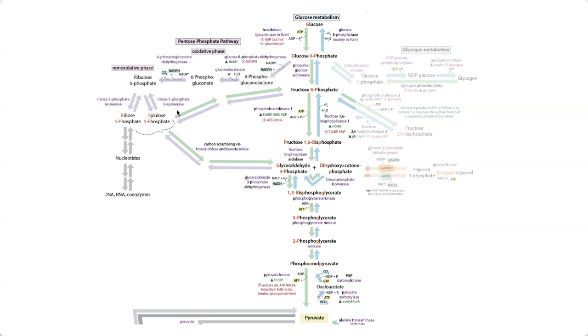That would let you keep making NADPH, but you wouldn't be making ribose, your nucleotides, because you're using that ribose to regenerate glucose 6-phosphate that you can then take back through the pathway. But if you really need NADPH, then you can do that.